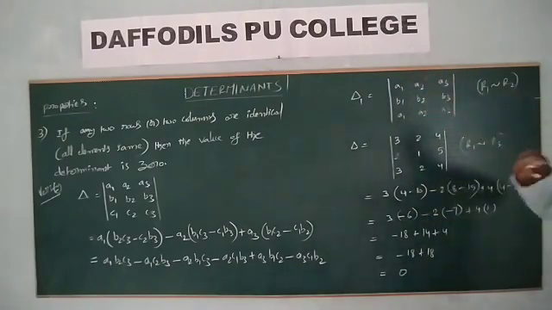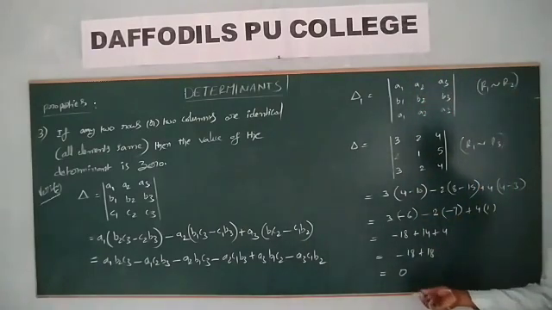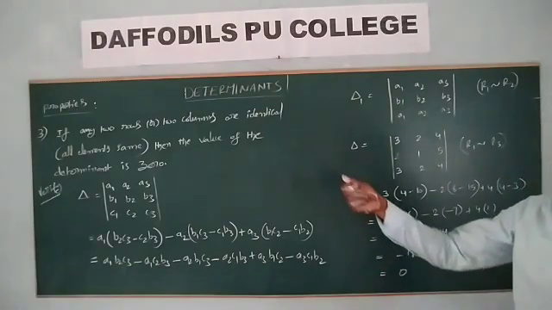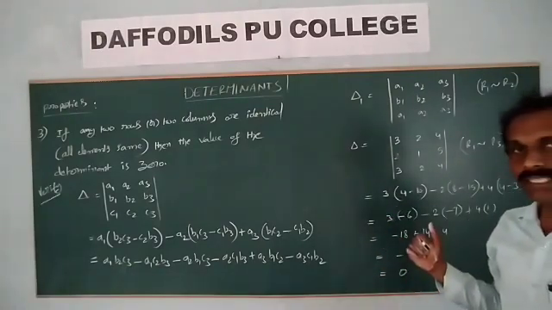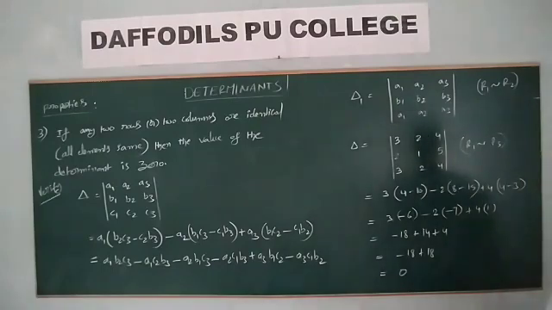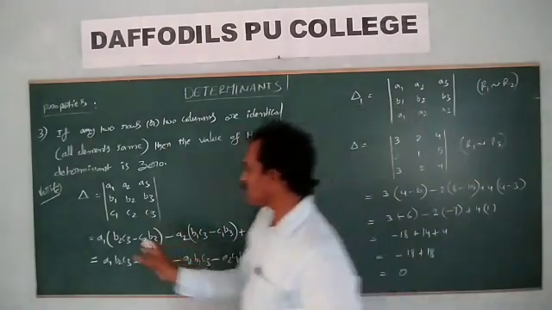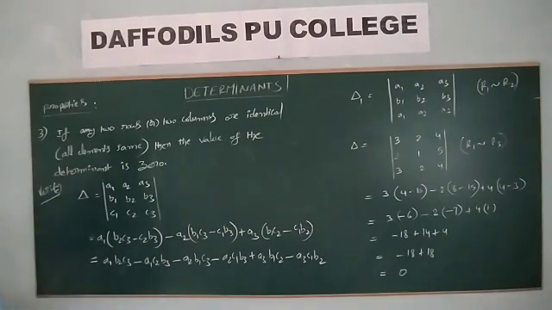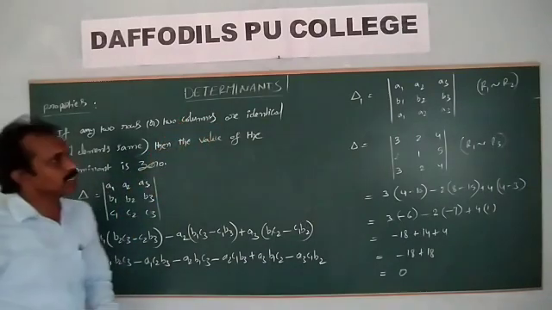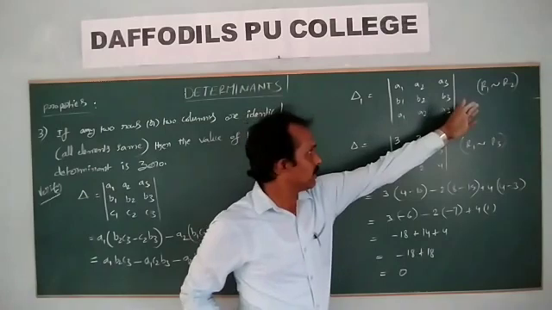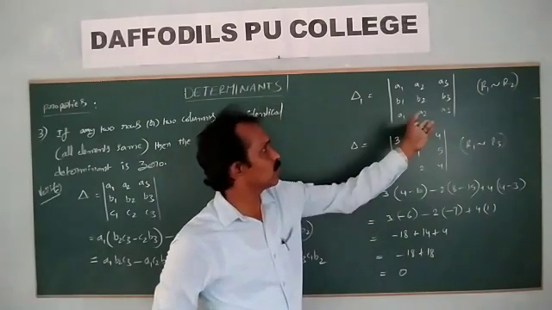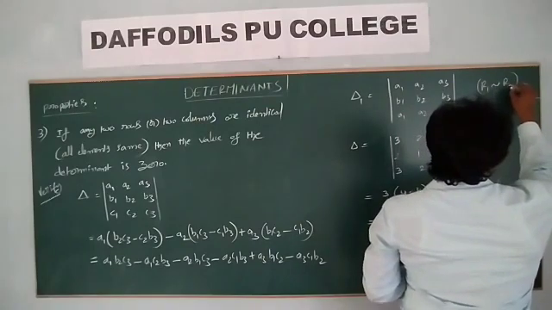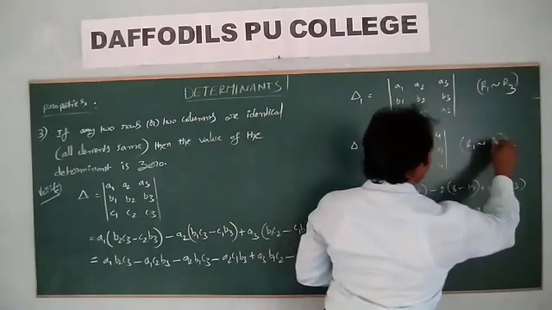So like this, if you expand this also, the answer will be 0. If any two rows or any two columns are identical, then the value of the determinant is 0. This is the third property. It is not necessary to show this; I just explained how to expand. Here R1 is identical to R3.